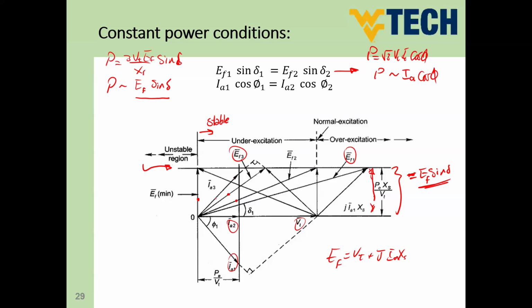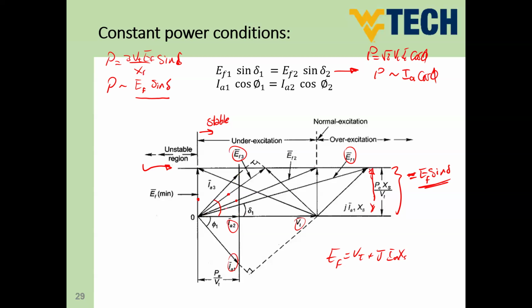Let's see that from our curve here. This is the first IA. This is the second IA. This is the third IA. And you know that the power factor angle is the angle between voltage and current. So phi 1 here is the angle between IA and V terminal. For the second current, phi equals 0 because this is unity power factor. For the third current here, IA3, this would be phi 3.